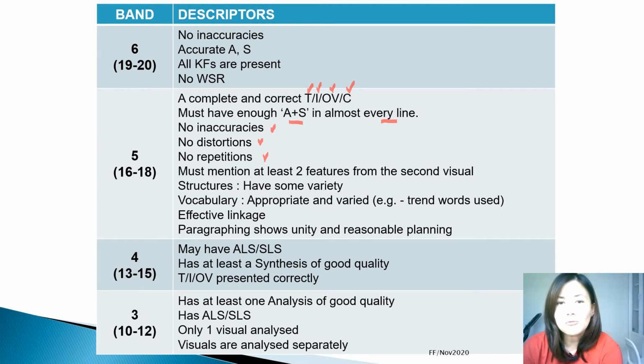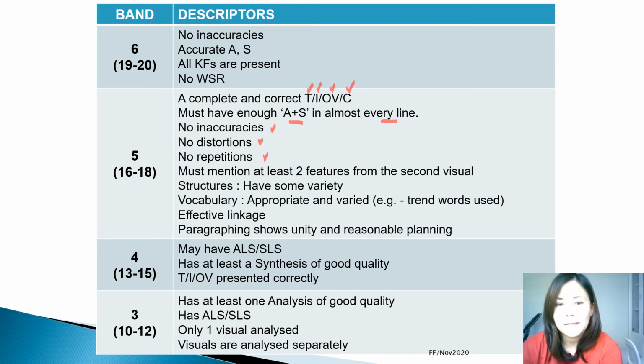No repetition means as much as possible you mention the key features, for example, you talk about tulips. Make sure that you talk about tulips throughout. You finish about tulips first before you move on to rose or begonia. That will help you make sure that the information is not repetitive.